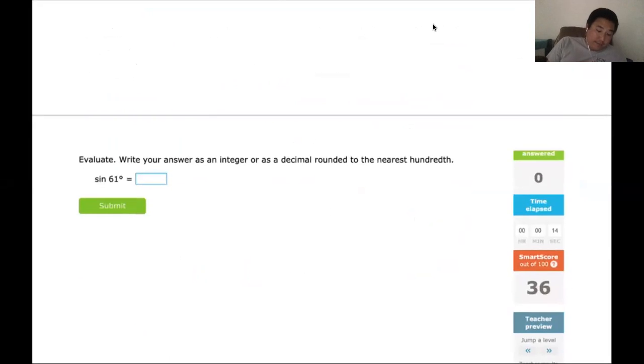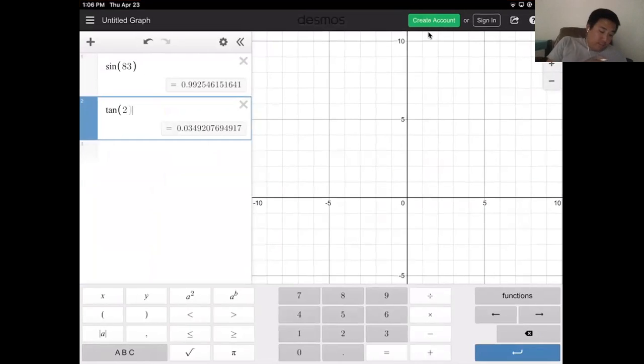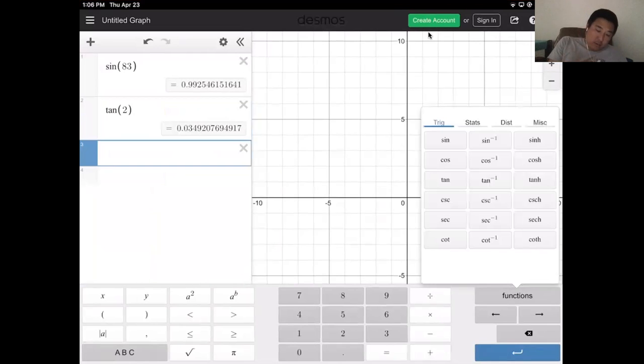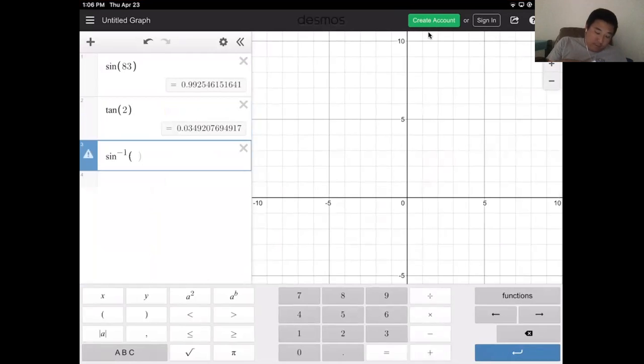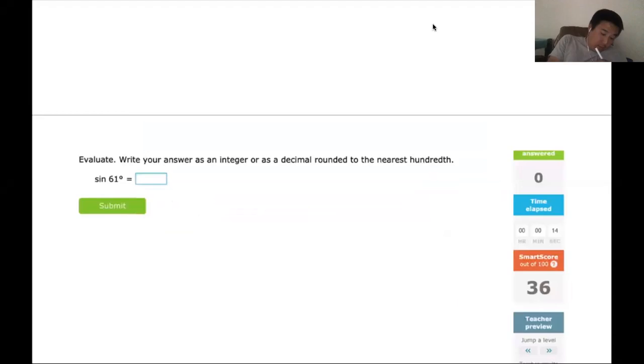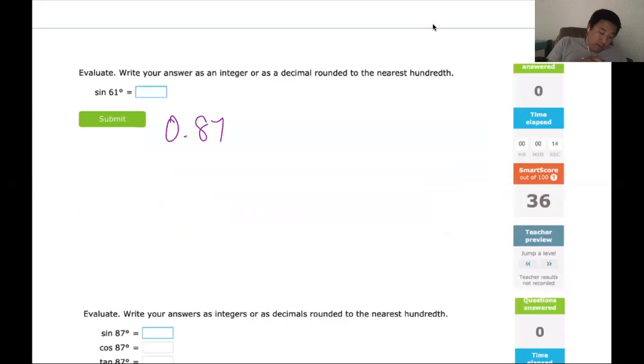Sine of 61 is maybe 0.88. Sine 61 is 0.874, so 0.87.